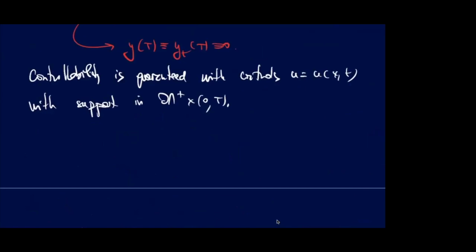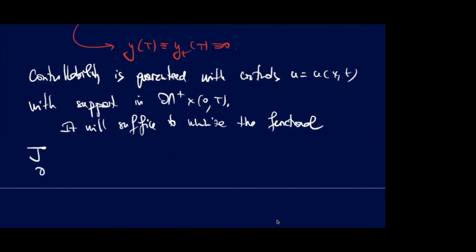Then, it suffices to minimize the functional, which I will denote G of d omega plus, phi 0, phi 1, which is 1/2 the integral.